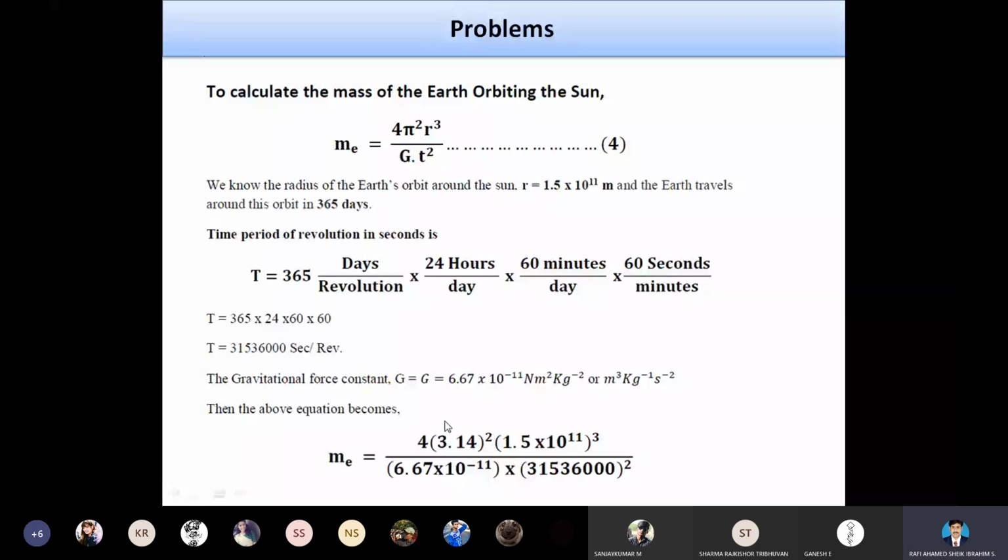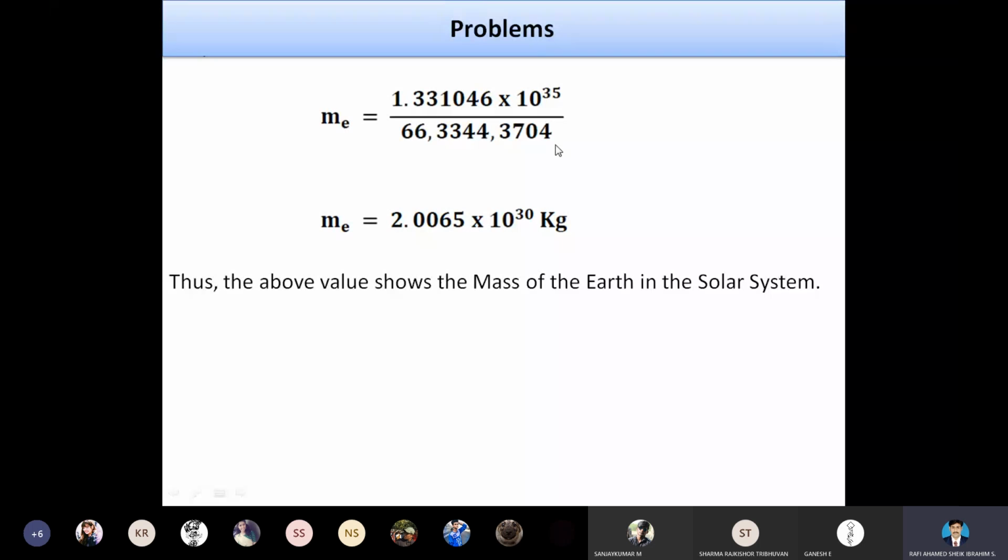When we substitute this data, we can find the mass of the Earth. So the total mass of the Earth orbiting the Sun in its path is 2.0065 into 10 power 30 kilogram.